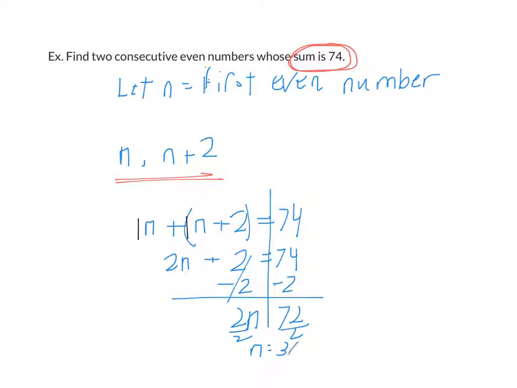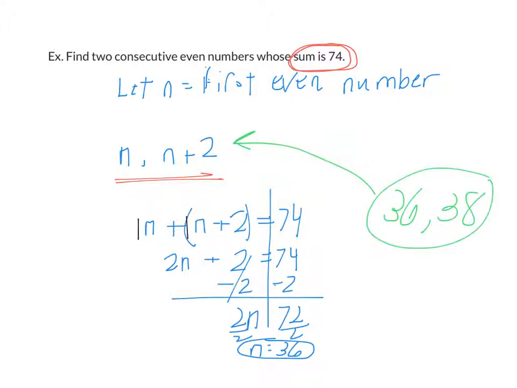So n equals 36. That represents the first number. Now, since I'm supposed to find both of the numbers, what I'll do is substitute that 36 back into the n plus 2 to get my other number, which would be 38. So the answer to the problem is those consecutive even numbers is 36 and 38.